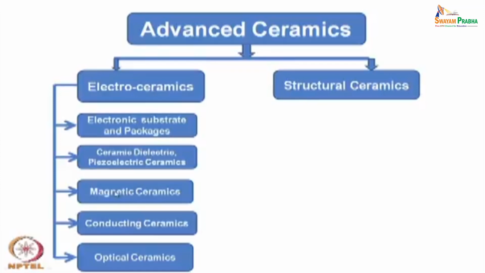Then you have another group called magnetic ceramics. Although most ceramics are not magnetic, there is a special group of ceramics which have a very interesting magnetic property, and they are comparable with the normal metallic magnets like iron, cobalt, nickel. They can be used both as a temporary magnet or electromagnet, and also as a permanent magnet.